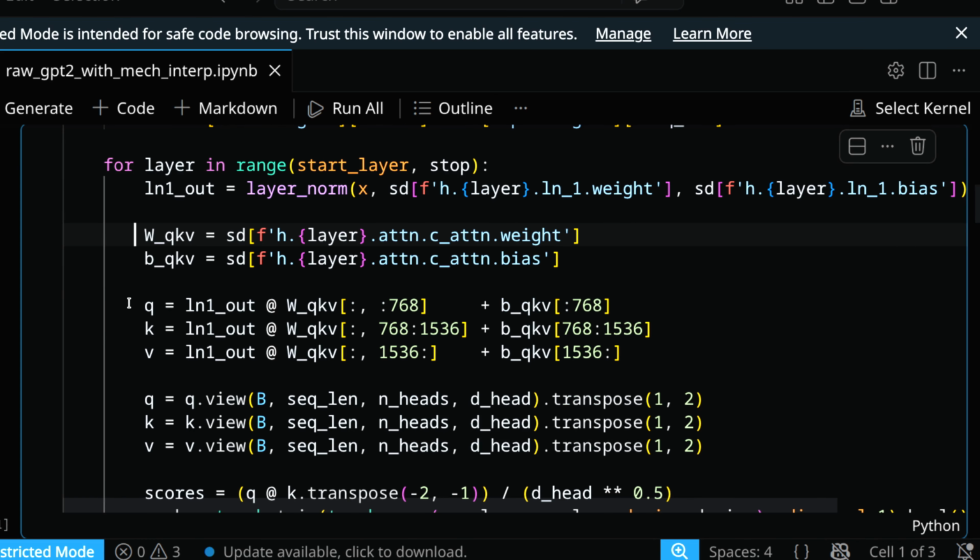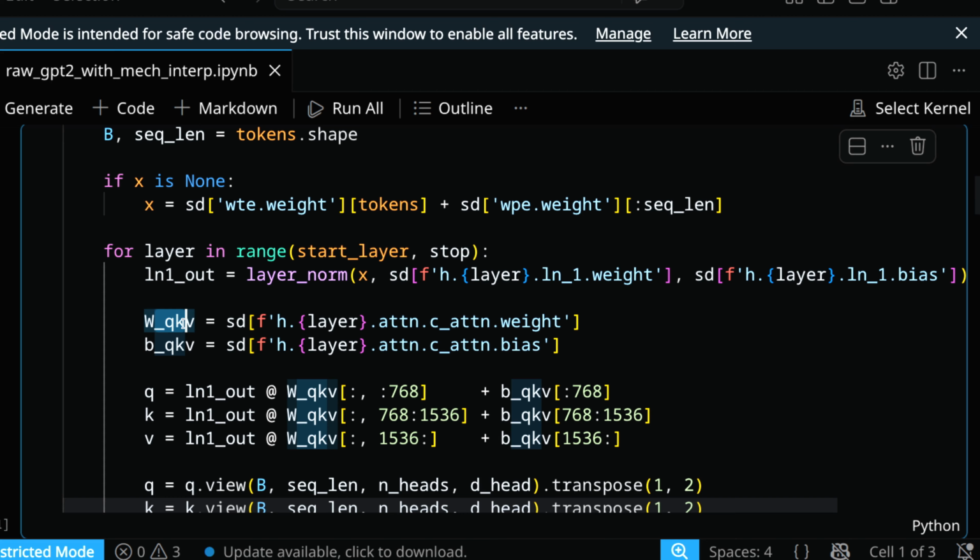Okay, so this breaks apart the queries, keys, and values. So if you look up here, it says QKV. They're all packed together. So what this is doing is it's unpacking them, because the queries are first, and it's 768 numbers long, and the keys are the next 768, and the values are the next 768. It's doing sort of the same for the biases as well.